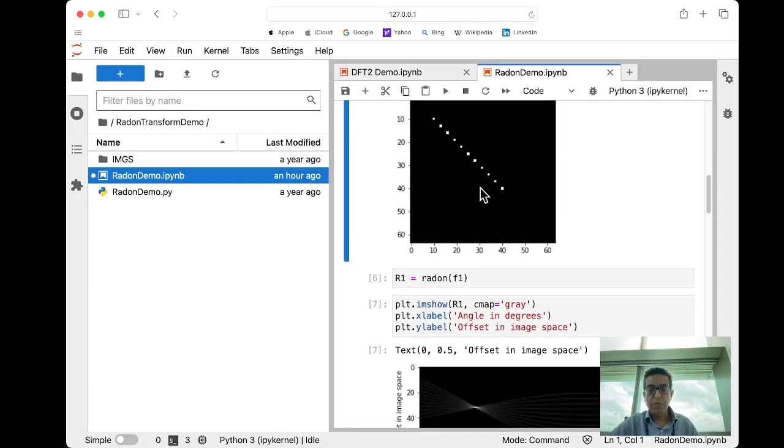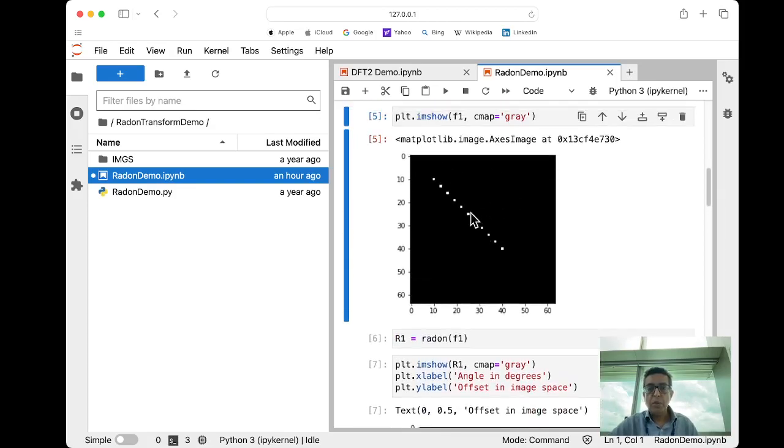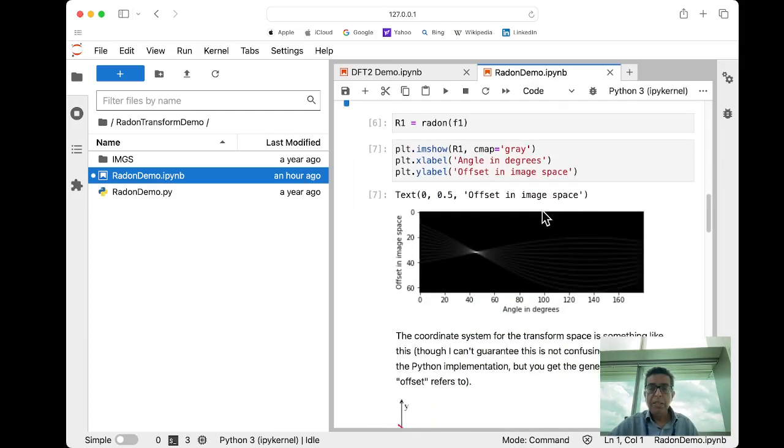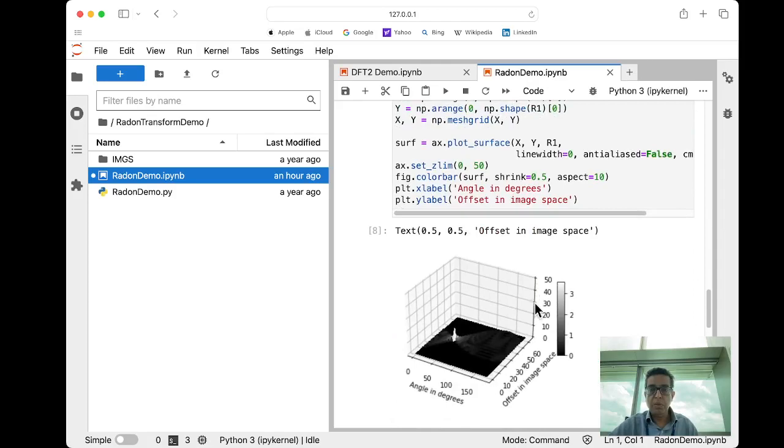This line here is of pixels in image space. So if I move this line, kept it parallel to itself and moved it over here, or moved it up here, then that peak would shift around in this direction. And if I change the angle of the line, the peak shifts around in this direction.